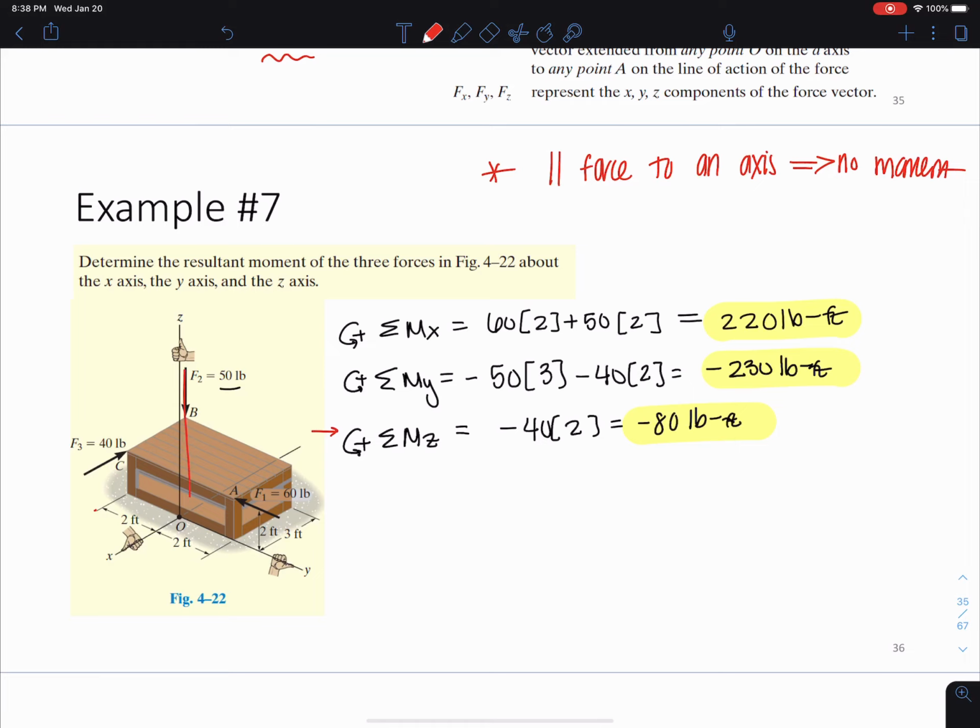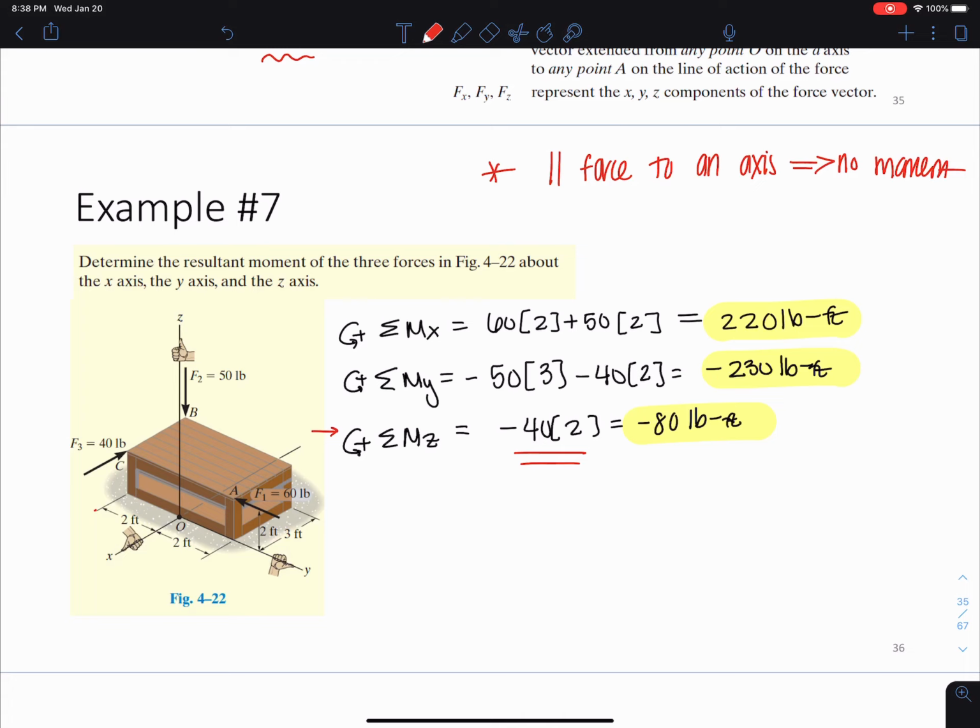Again, parallel force, parallel to the axis. We didn't include the 60. Why? Because the line of action crosses through that point. So there's no tendency for turning about that axis. That's why we're not including those in the summation for any of these three.